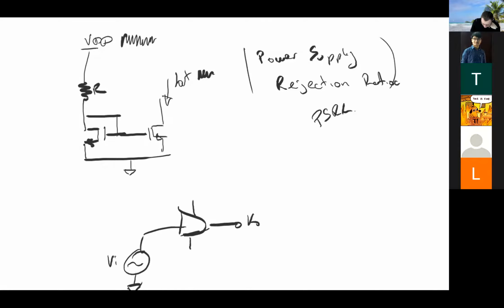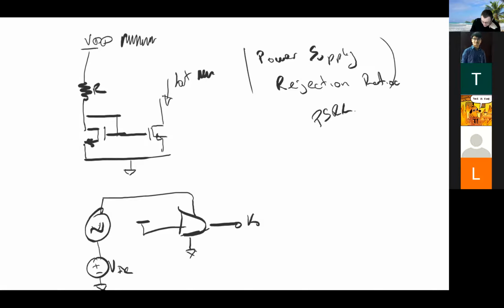In this case, we're leaving the input fixed, setting it to some nominal value, and applying a small signal stimulus on top of the DC power supply. This is how we get what's called the power supply rejection ratio.